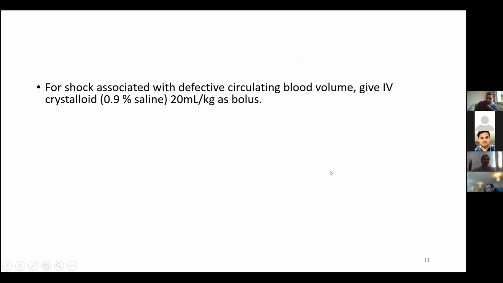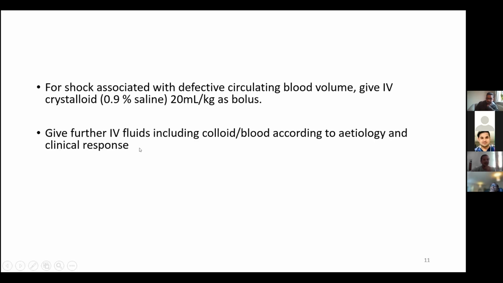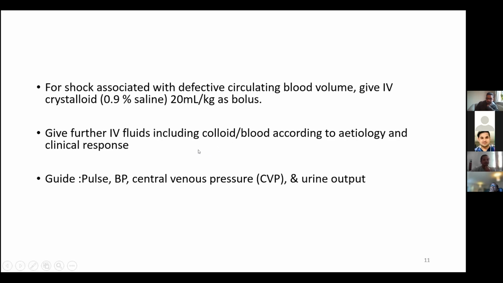For shock associated with deficient circulating volume, for example hypovolemic shock, we can initially start with a 20 mL per kg bolus of normal saline, and in cases of GI bleed, colloid or blood would be appropriate according to the etiology and clinical response.